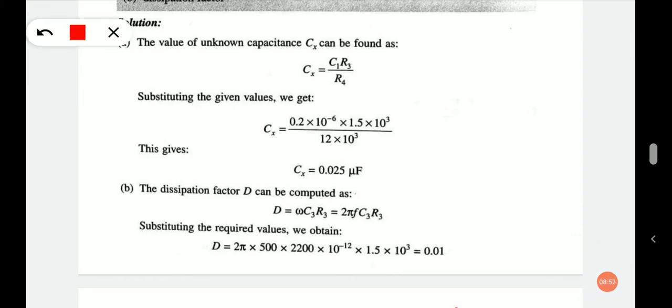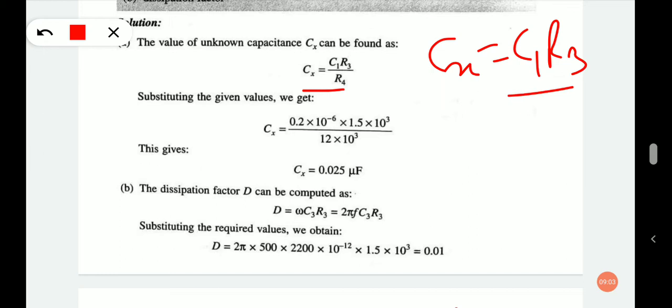So the value of unknown capacitance can be found as Cx equals C1 R3 upon R4. After substituting the values, 0.2 into 10 raised to minus 6, since C1 is given in microfarad, R3 is 1.5 kilo ohm and R4 is 12 kilo ohm.